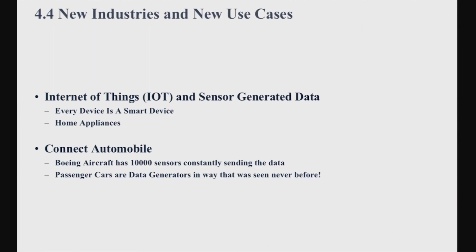And a lot of new industries I mentioned are also driving this, new types of real-time data generators are coming in and need to act in real time. The connected cars and automobiles: the future is going towards driverless cars essentially, right? But even before that, even current cars generate a lot of data.